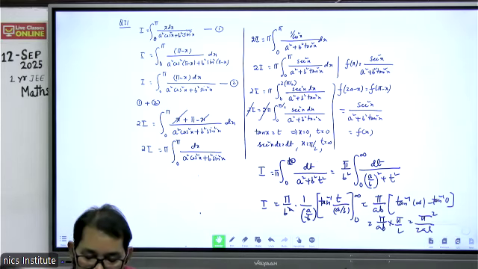Try this. The limit is -1 to 3 by 2, mod x sin pi x.